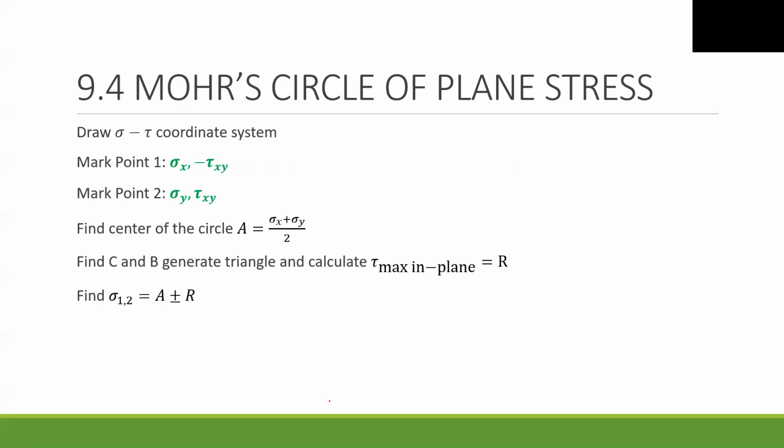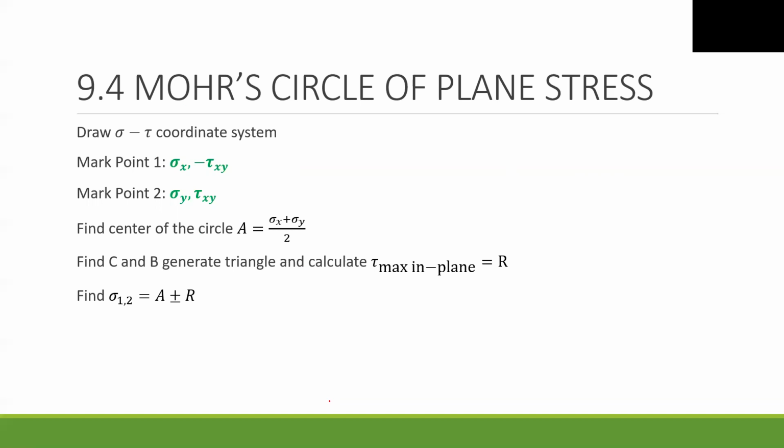Then we have two points. The first point is (sigma x, minus tau xy). We mark this point on the coordinate system, and the second point is (sigma y, tau xy).